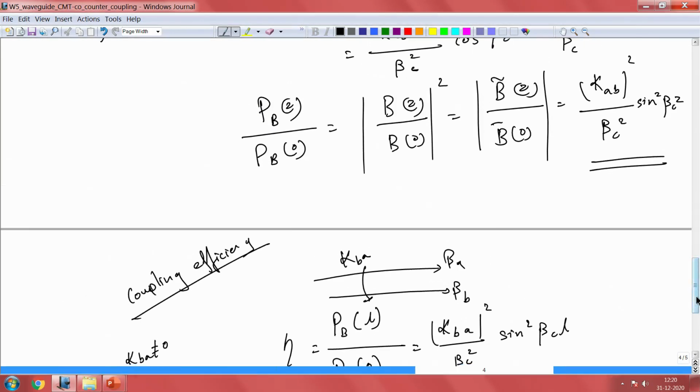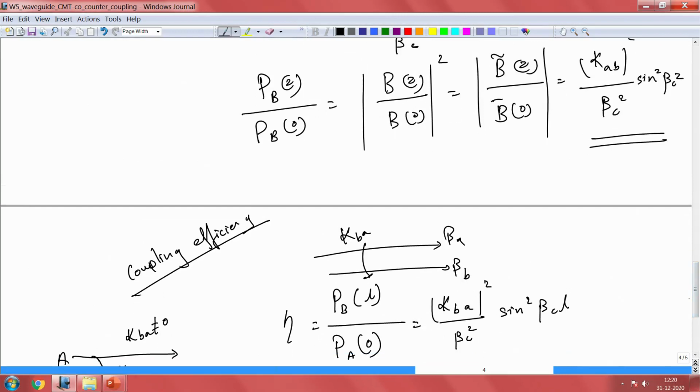So, this is basically how much of power we had. So, all we have done is added a length to this. So, this is the length that is required.